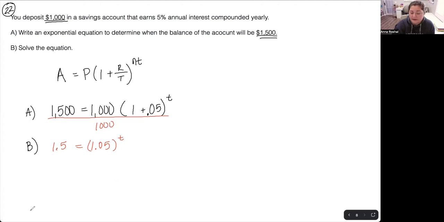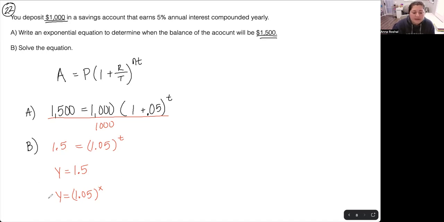I would use a graphing calculator for this. I would go in and say, okay, y is equal to 1.5 and y is equal to 1.05 to the x power, or t power. When you're putting it in Desmos or the graphing calculator, you do need to put in x and y.